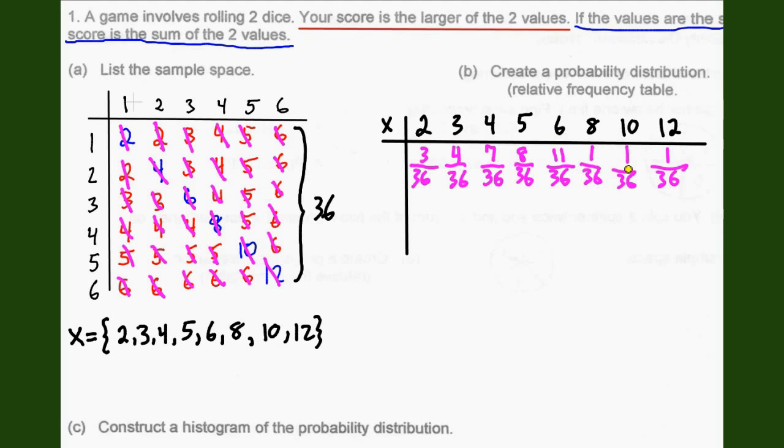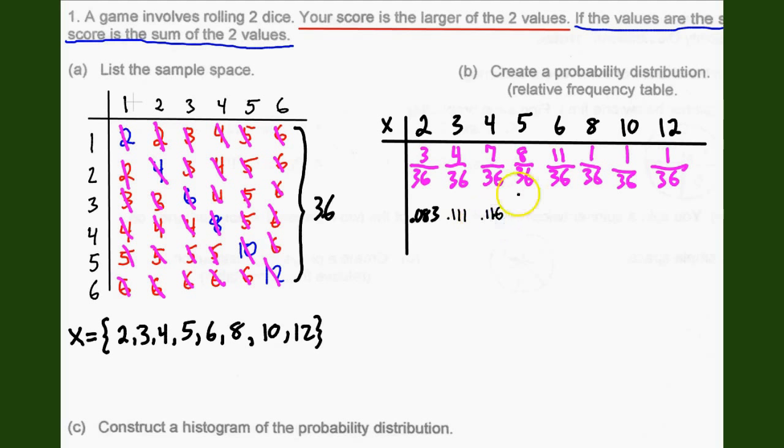And of course, we want to have the decimals for each one of these. It's 0.083. 1 out of 9, 0.111. 0.166.